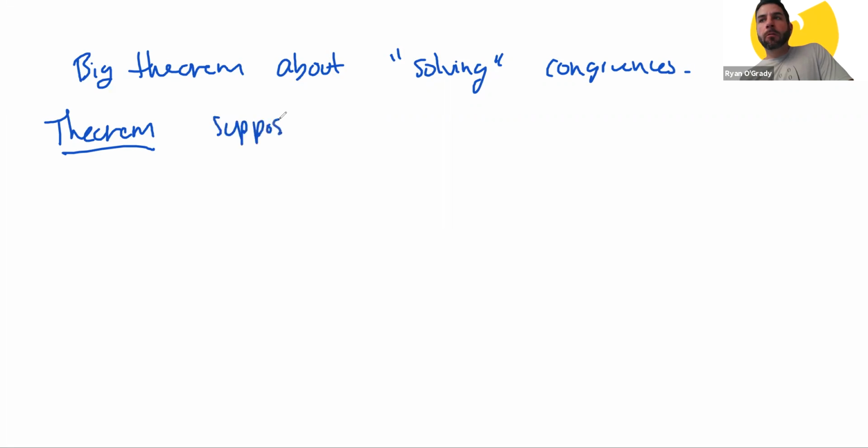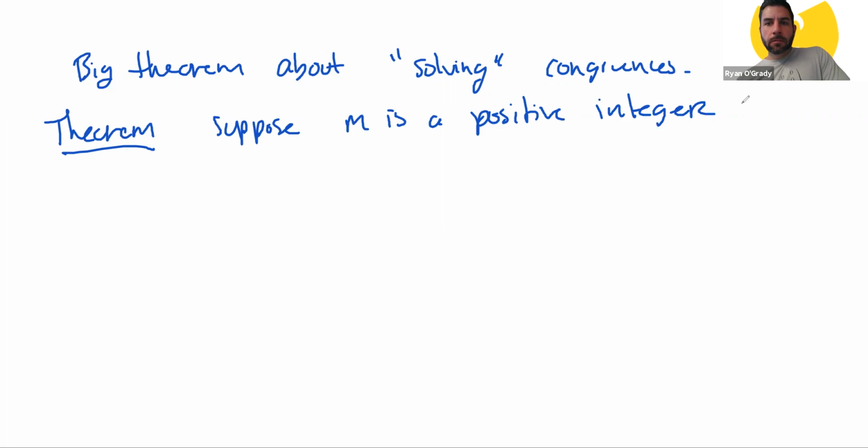Suppose m is a positive integer and a, b, c are integers.